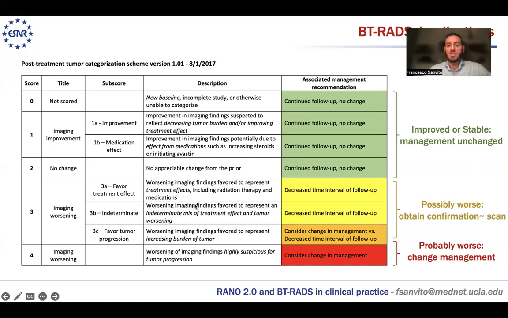Something starts to change when you flag something that is possibly worse. In that case, they suggest a decreased time interval of follow-up, which is essentially the same as in RANO 2.0, saying let's just use a confirmation scan to make sure that we are calling progression correctly. But then, more importantly, you only change management if you're sure that you're seeing an actual progression.